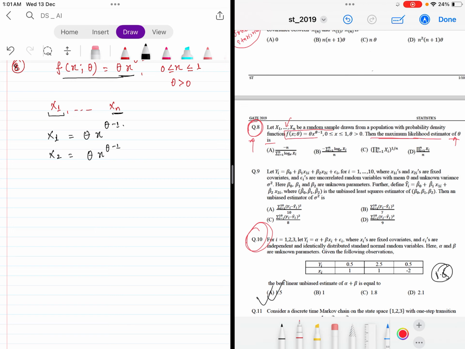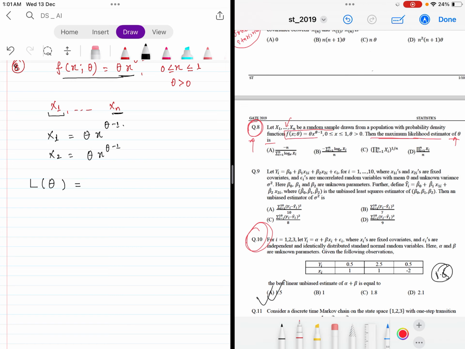Now if I ask you how you can write the maximum likelihood function, let's denote it as L, as a function of the parameter theta.